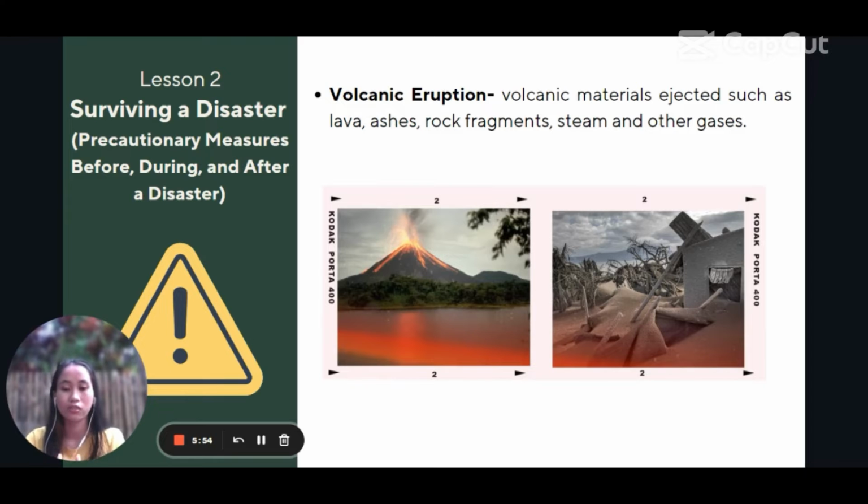And lastly is volcanic eruption. Ang pagbuto sa volcano, pertaining to lava, ashes, rock fragments, and other gases that will surely destroy our environment. And aftershocks can lead to earthquakes.